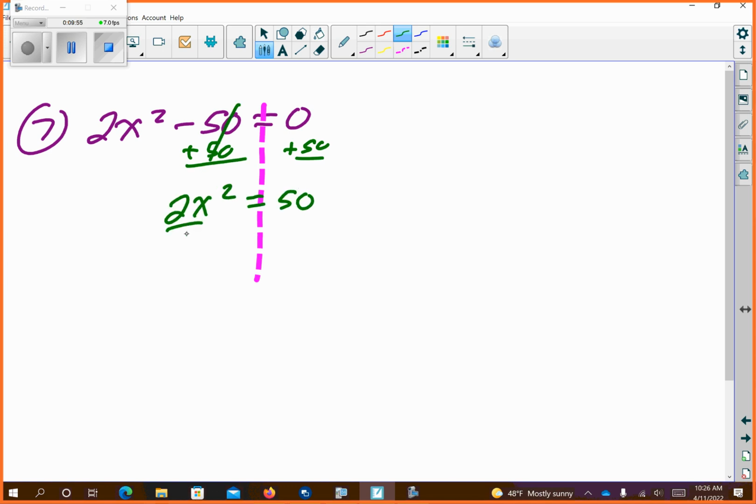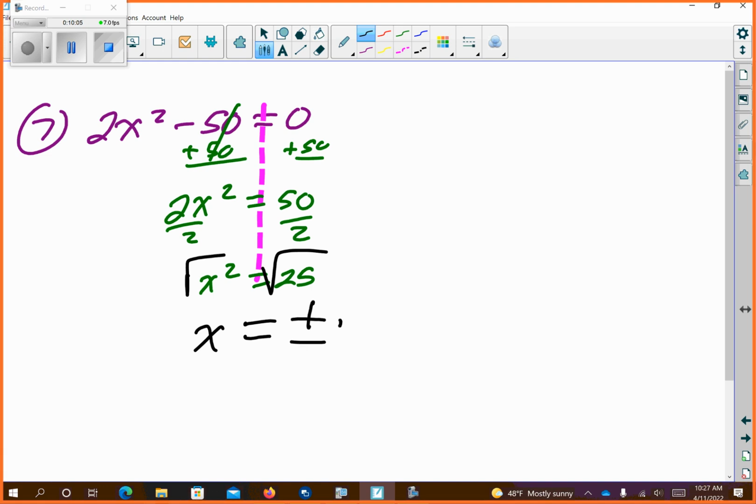Divide by 2. Root. Don't forget the plus or minus. If you forget the plus minus, it's 1 point off. Okay? Now, don't be the kid that puts plus or minus with every problem. You only put plus minus when you root both sides, or you're using the quadratic formula.